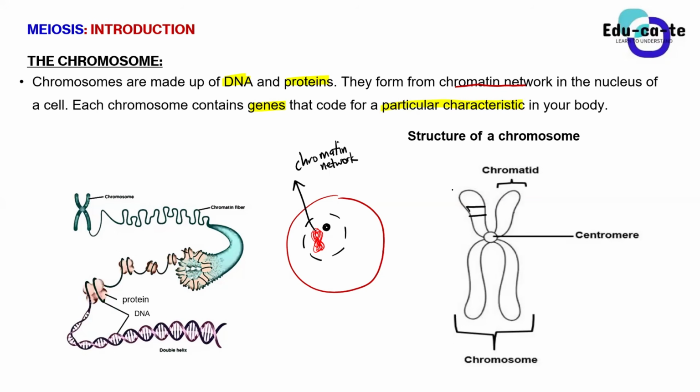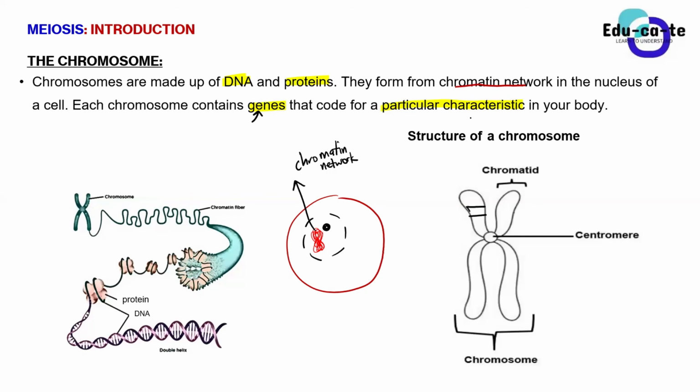The genes are the ones that code for physical characteristics in your body. For example, the fact that you are dark skinned, that is a certain gene coding for that. And that gene is found on top of a what? Of a chromosome. Each chromosome has small sections known as genes, and these genes code for certain characteristics in your body.